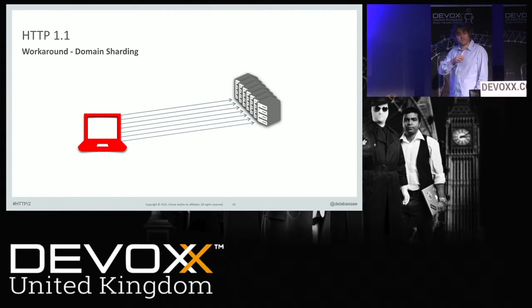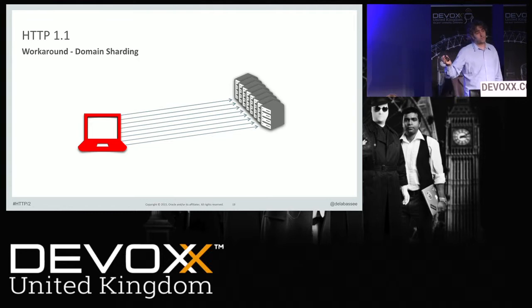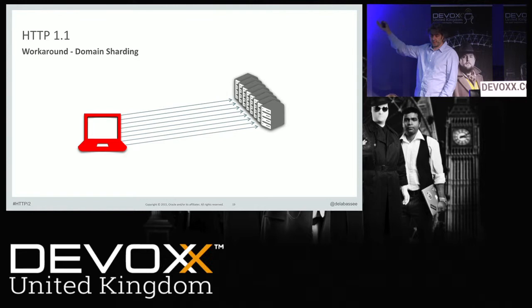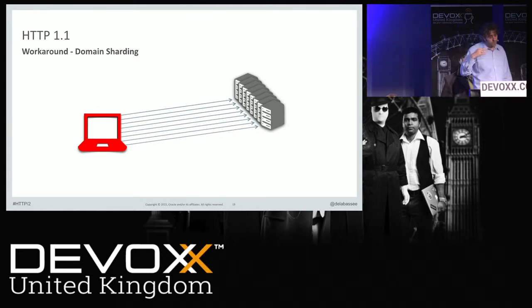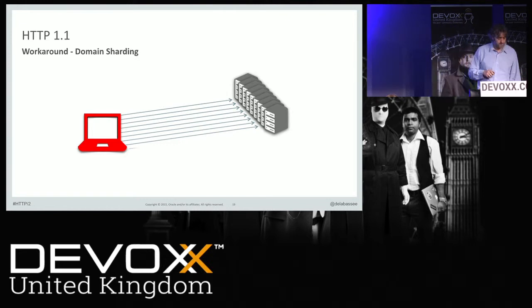That will lift the limitation that the client has in terms of simultaneous connections. There is no limitation, so it works. The issue is that on the backend side, you have to manage your assets to make sure that everything is handled correctly. So from a content management point of view, it's a bit trickier. And at the end of the day, you also need to take into consideration the DNS resolution cost.